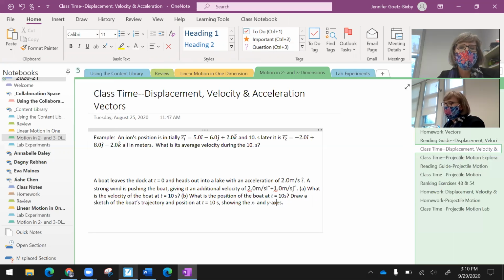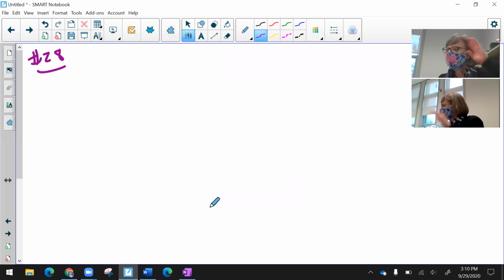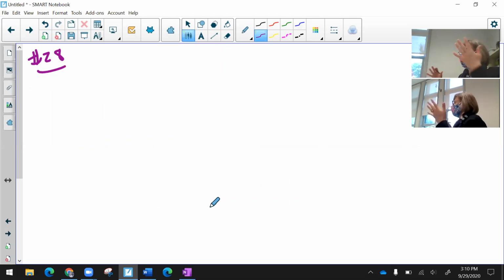Okay, so the boat accelerates in the plus I direction due to its motor. That's going to be the acceleration of 2.0 meters per second squared I, right? But in addition to that, the wind gives that constant motion in X and Y that we have to take into account.